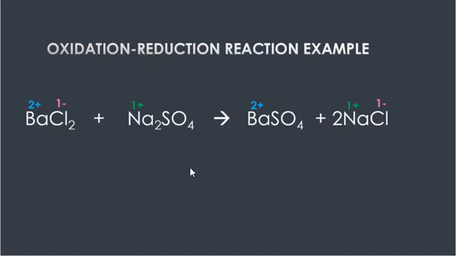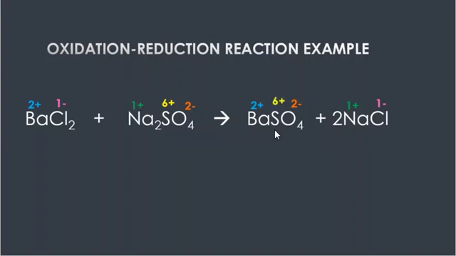Now let's look at our next element. Well, we know oxygen, based on the guidelines, is going to have a -2 oxidation state. And on the product side, it will still have a -2 oxidation state. Algebraically, if you solve for sulfur, you will get +6 for sulfur's oxidation state on the reactant side and also on the product side.